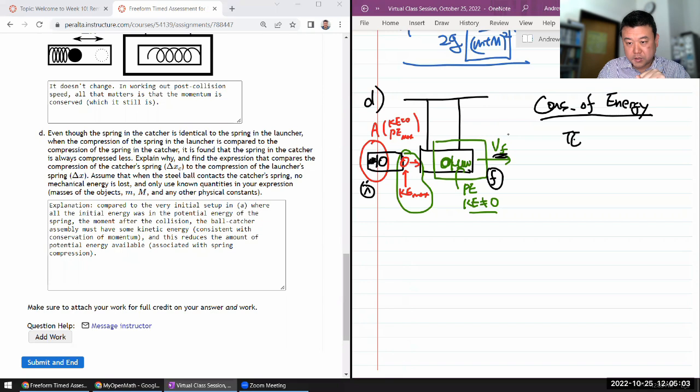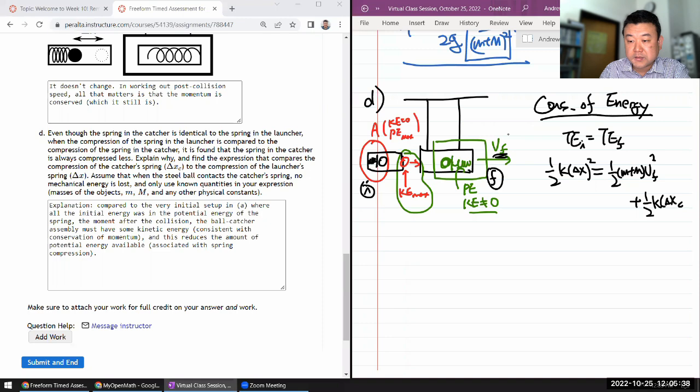So total initial energy is equal to total final energy, and total initial energy was in the spring potential energy here, 1/2 k delta x squared. I think that's all the symbols we used. This is equal to the total final energy, which is split into two parts: the kinetic energy, 1/2 the sum of the masses times V final squared, plus the spring potential energy here, 1/2 k delta x_c squared.